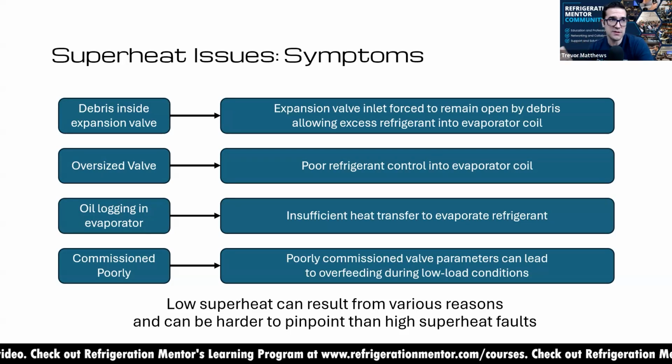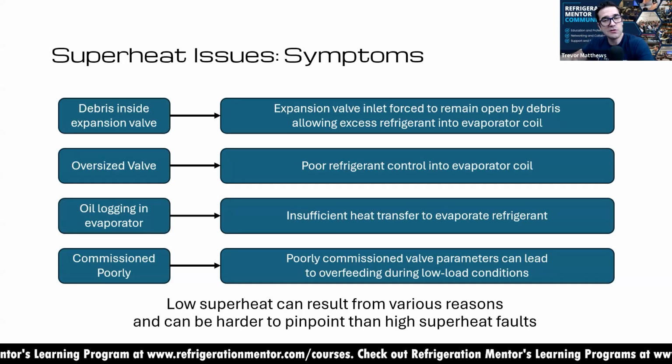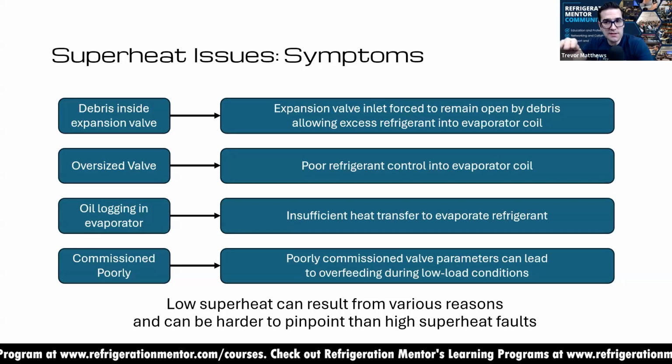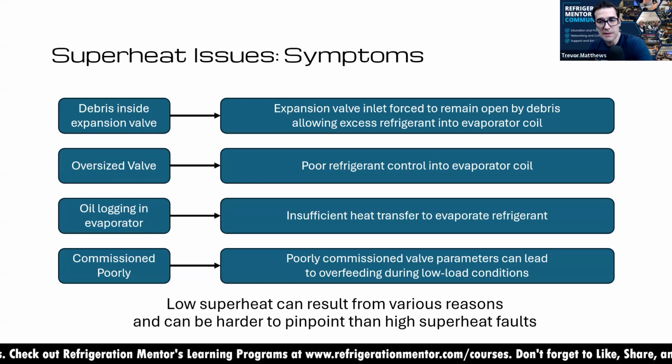So you go to the trend graph and I'll say, okay, let's go back 3 months or 4 months and look at the trend graph of that valve opening and what the superheat was. Then all of a sudden you can start to see the temperature starts to rise and the valve is starting to open more. So instead of it running around say 40 or 50%, the valve is running at 80 or 90% open now to try to maintain the same temperature.